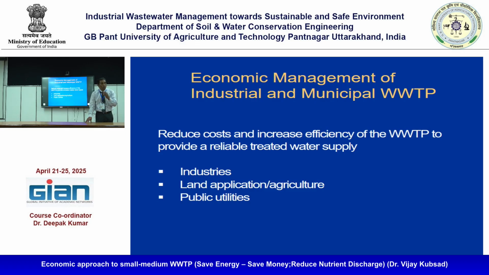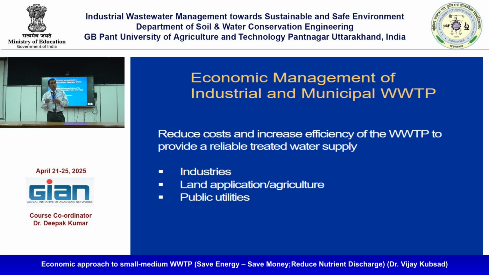If you are not using it for land application, you are at least using it for replenishing the groundwater. We saw one example on replenishing, where the city, after treatment, wants to recharge the groundwater. Nowadays we do rain harvesting on a very small quantity, but similarly on a larger scale we can do it for the industry. That is how you can save a lot of money.